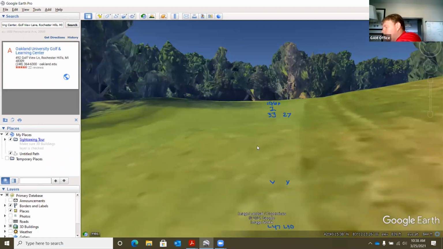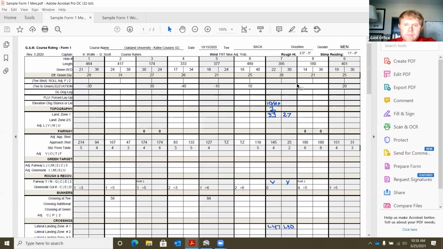you'll see that the option we have for a subsequent full shot is to apply a 2 adjustment. So we'll have a 2 adjustment on our form 1 for this golfer under roll.